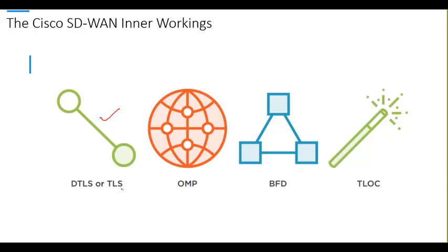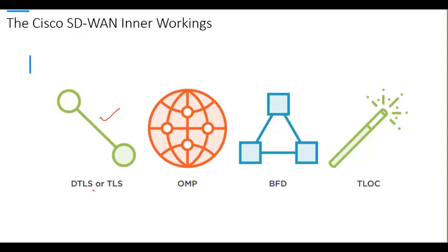Next is the OMP itself. The decision maker in SD-WAN is vSmart. The decisions are based on routing, access policies, the overlay routing domain.